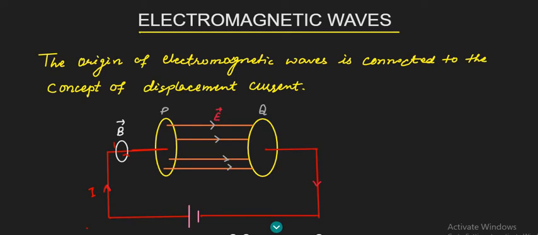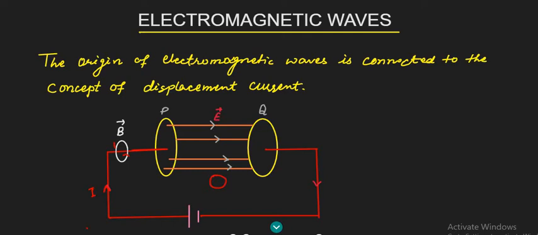However, Maxwell assumed that there is a flow of current across the gap between the capacitors, between these two plates, so as to explain the existence of the magnetic field here. That is the magnetic field between these two plates. That's why when you put a small magnetic needle, it shows the deflection between the two plates of the capacitor.